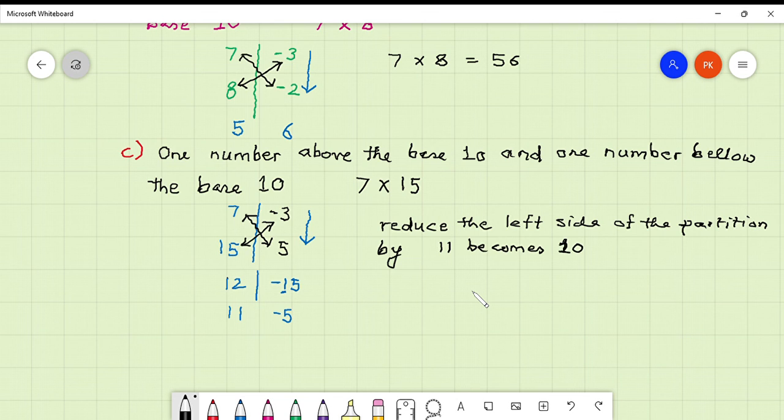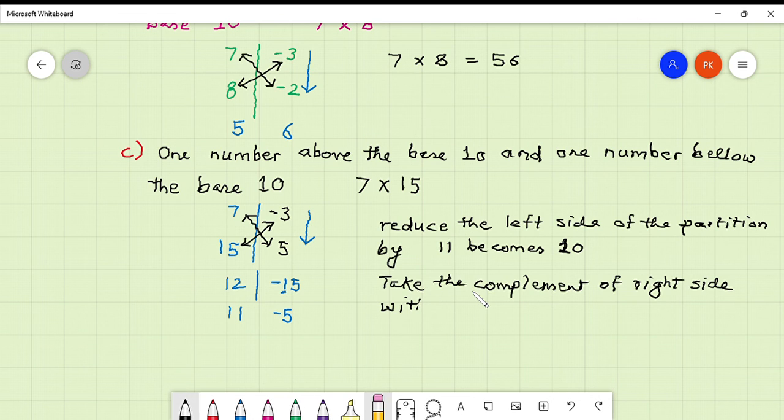And take the complement of the right side with the base 10, which is 10 minus 5, that is equal to 5.